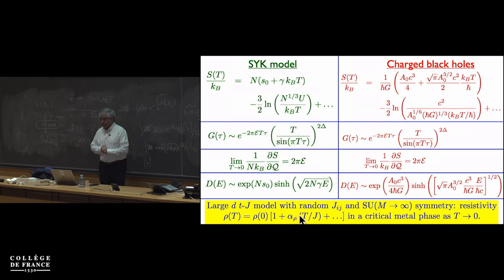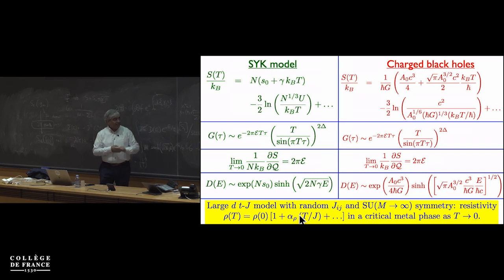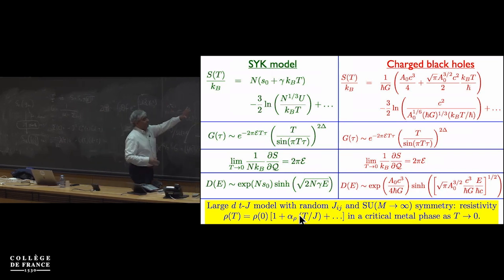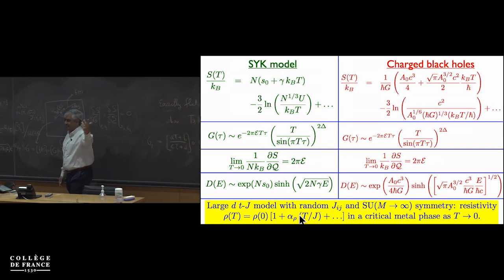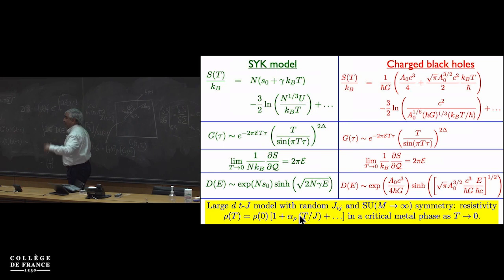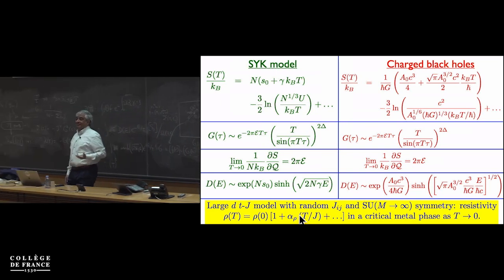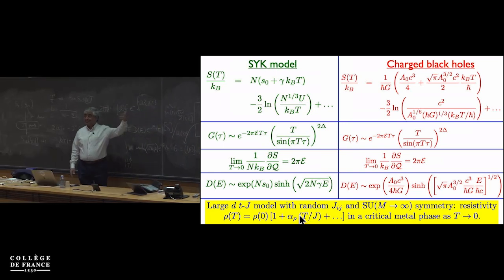But the more drastic approximation we're making here is that we're going to some large dimension limit. And in fact, there was a picture Antoine drew here where he had the vertex corrections just disappearing. That's okay in large dimensions, but in 2 dimensions, it's not at all clear that vertex corrections are unimportant.